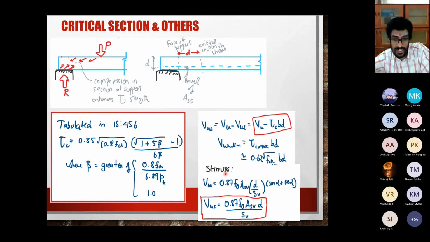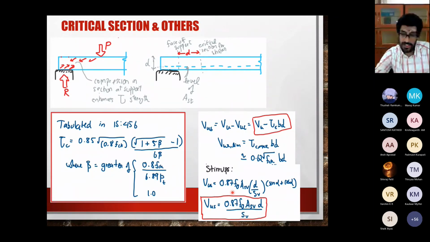The shear reinforcement is called stirrups. And just like how you saw in designing a beam, you had a formula to calculate the percentage of steel, to calculate the area of steel. Depending on the moment, the neutral axis distance, grade of concrete, grade of steel, depending on all those things, you had a formula, that P equals 50 FCK by FY root of 1 minus 4.6, the big formula based on which you calculated the percentage of steel to be given for flexure.